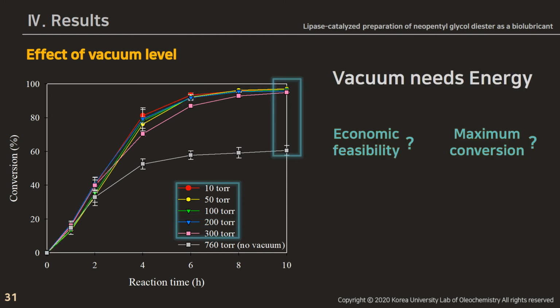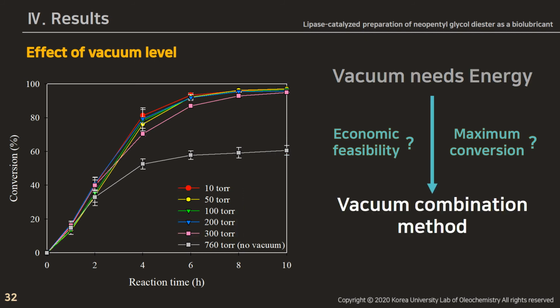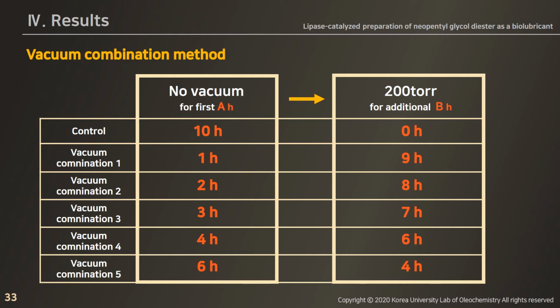Maximum 97% conversion was achieved by applying vacuum. However, vacuum needs energy, so considering economic feasibility and maximum conversion, we came up with a new experimental strategy called the vacuum combination method. For the vacuum combination method, 6 different vacuum protocols were employed.